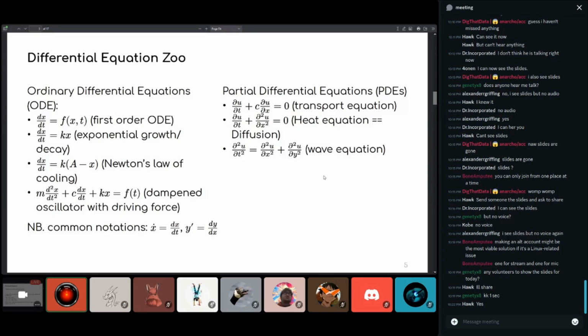If you have multiple variables and derivatives with respect to each, that's called a partial differential equation, which is typically a bit more involved and complicated, but still interesting. We have a couple of the most common ones. The second one might be the most interesting, at least it's the one I like the most. It's called the heat equation. It says that the time derivative of a function u is equal to the second spatial derivative of it.